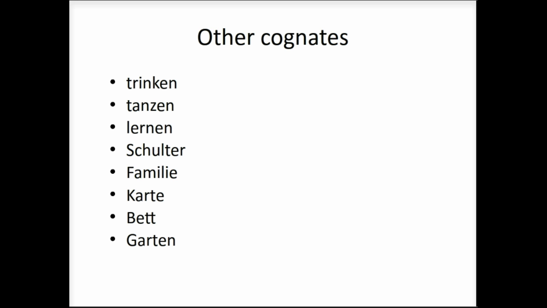In English, that sh sound is simply an SH, and if we change the T to a D, we'll have it close enough to the English word shoulder. The next word is Familie, and you have probably figured out that that is the English word family, because instead of an IE, we use a Y.